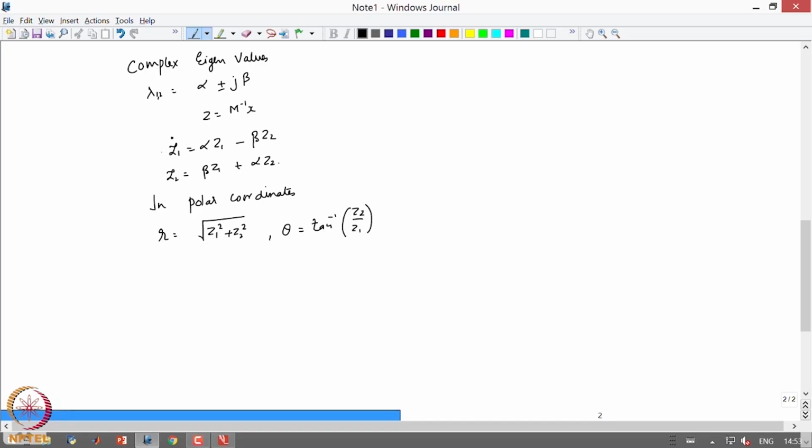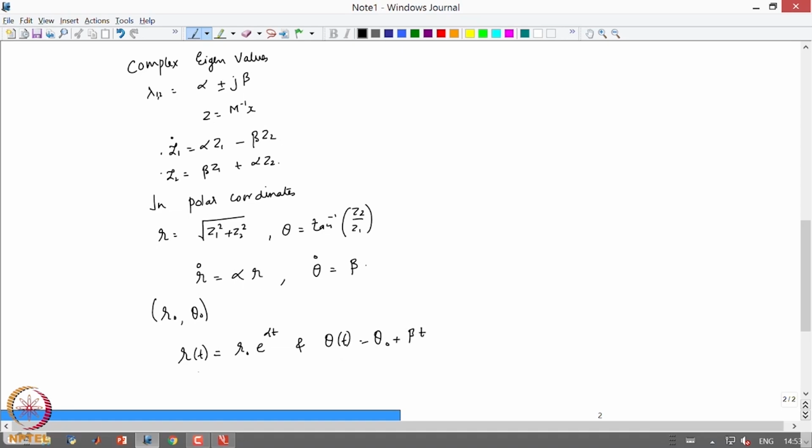Now, if I write these equations in polar coordinates, I will have two decoupled first order differential equations, that is r dot is alpha times r, and the second equation is theta dot is beta. So for a given initial state r 0 and theta 0, the solutions are of the form r of t is r 0 e power alpha t and theta of t is theta naught plus beta t.